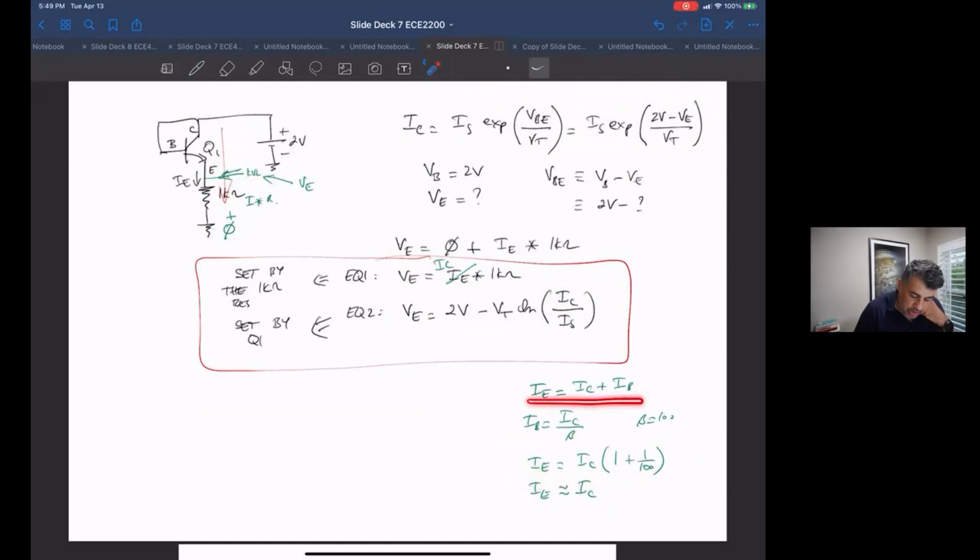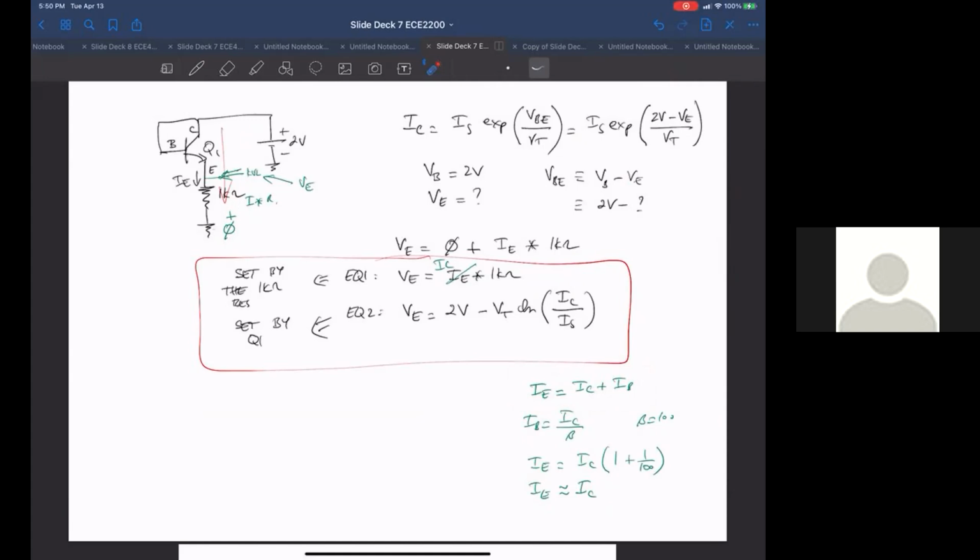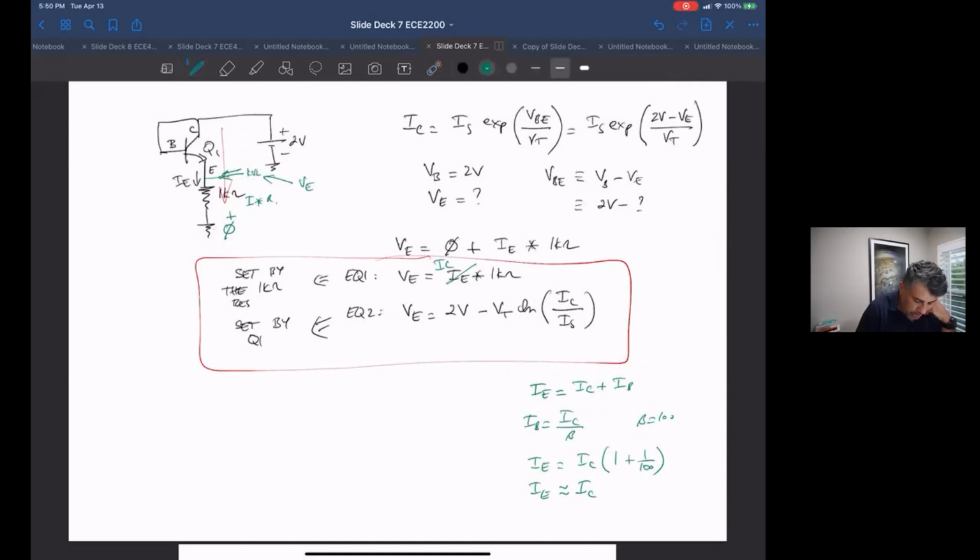So we have an equation for the emitter current in terms of the collector current and the base current. Do you remember this? I believe so. Okay, so this is the base, this is the collector, this is the emitter. It just says if you have a current going through the base and a current going through the collector, then the current coming out of the emitter is just the base current plus the collector current.